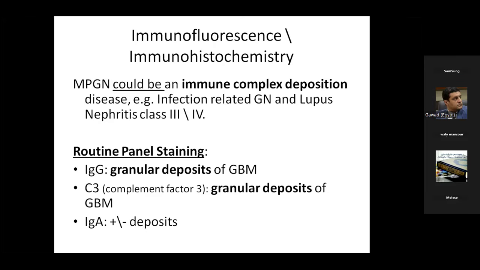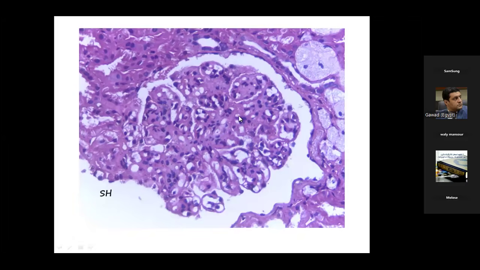So it's an immune complex mediated disorder with granular deposits of IgG. Of course, C3 will be positive, and the rest of the panel will be plus or minus according to the case. Okay, so that's a case of MBGN with thickening of the glomerular basement membrane, mesangial expansion with more cells, and endocapillary hypercellularity here.